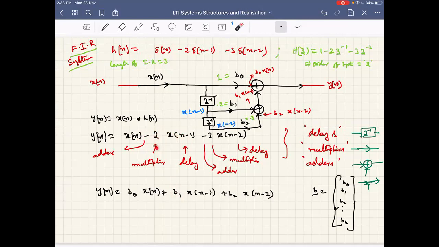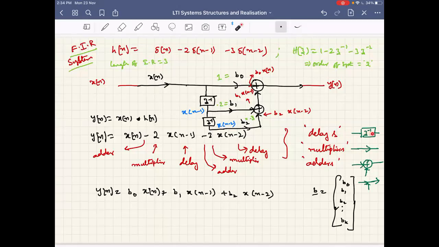So you have a multiplier by 2 here. Essentially, each term in this addition for y of n requires a delay, a multiplier, and an adder.